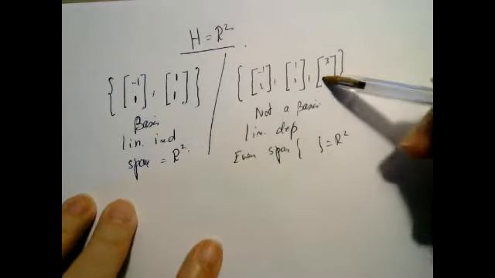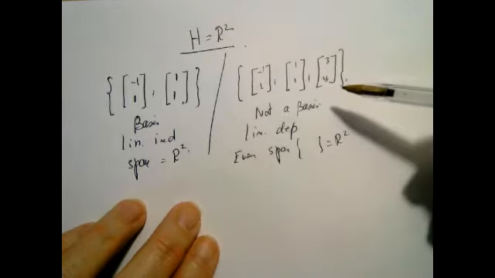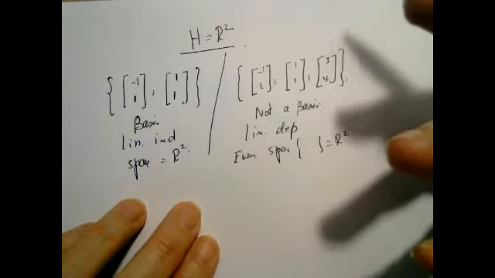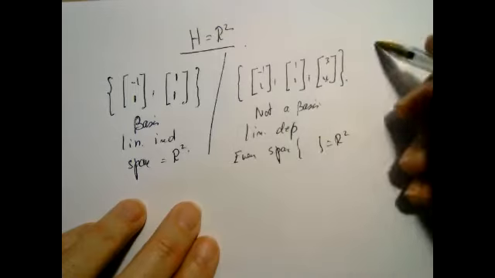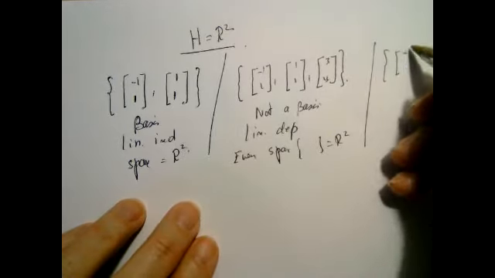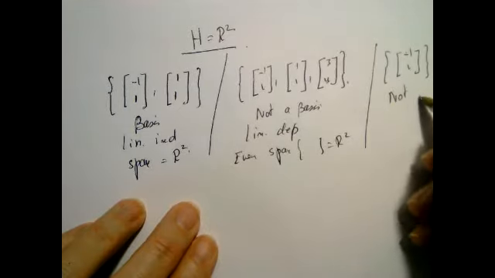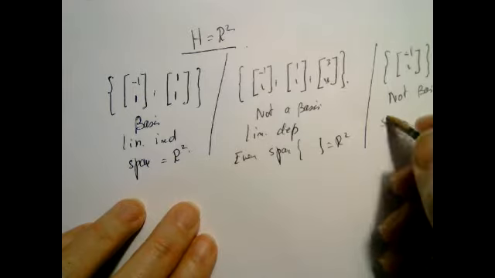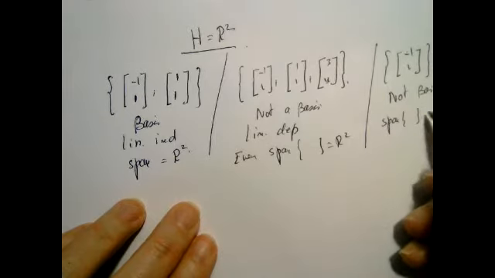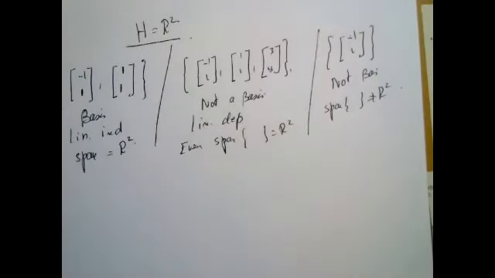So I can get everything as a linear combination, but there are too many of them. And a basis doesn't want a lot of them. It wants the minimum number needed. So that's not a basis. And then we took the other scenario, whatever, I forgot what I put, (-1, 1), not a basis because the span condition is not satisfied. So that's the picture for R2, okay?